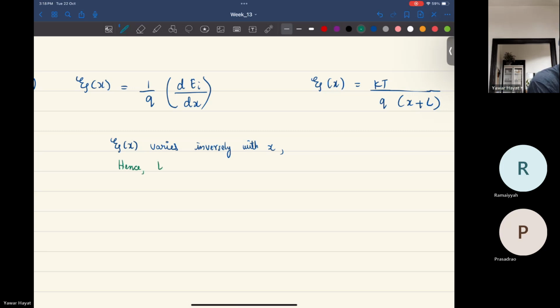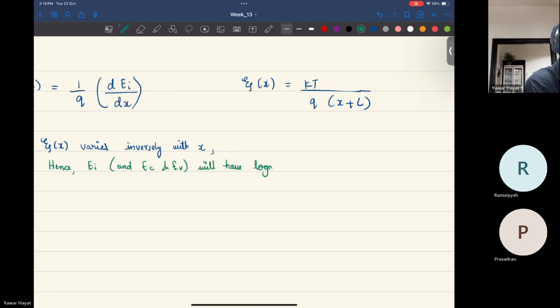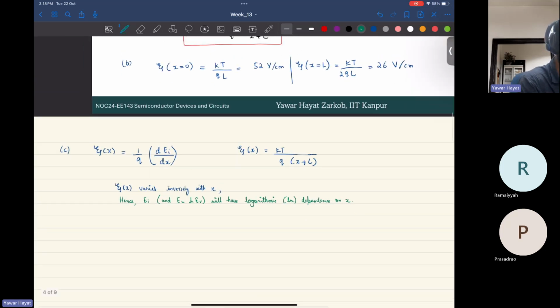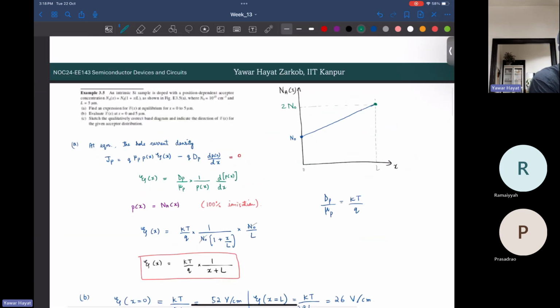Hence, Ei and consequently Ec and Ev, right? They all will have logarithmic, I mean natural logarithmic, dependence on x, right? So if I were to sketch that, wait, let me copy this one.